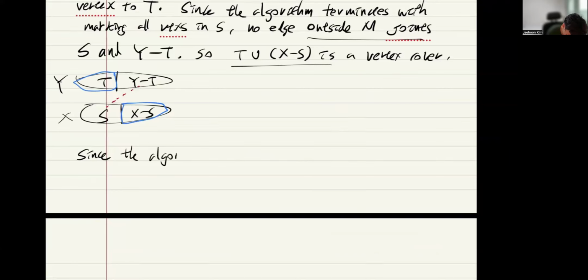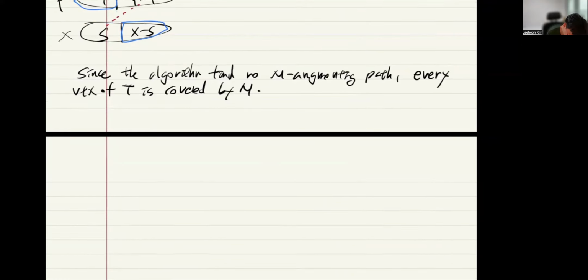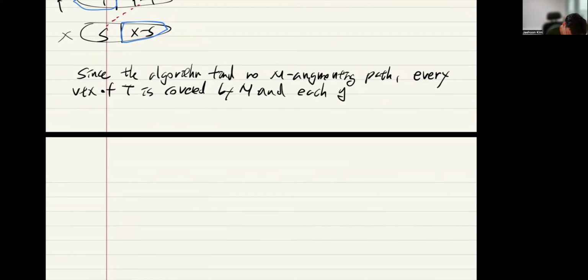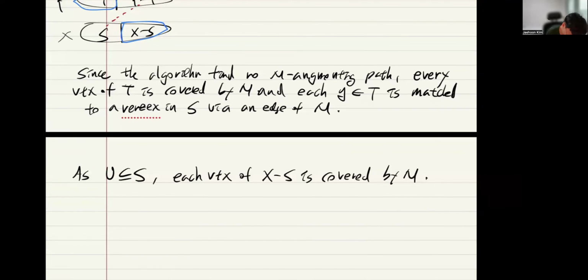So since the algorithm finds no M augmenting path, every vertex of T is covered by M, and each y in T is matched to a vertex in S via an edge of M. And as U is a subset of S, each vertex of X minus S is also covered by M.